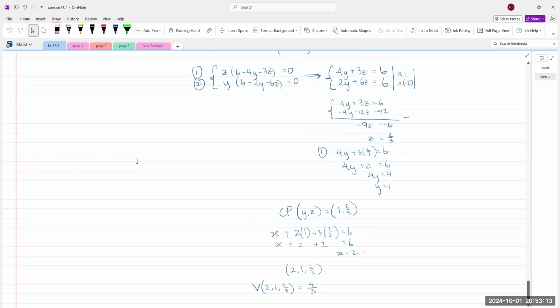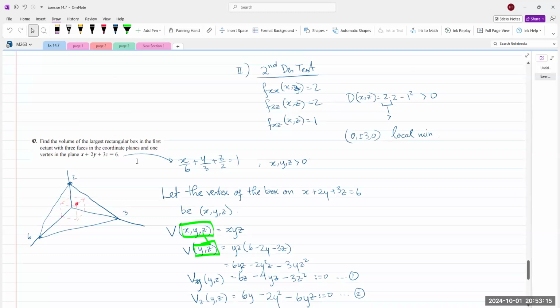Okay. The reason I go over this question is because I want to show you a technique not described in our textbook, but described by a professor from MIT. His name is Dr. Gilbert Strang.